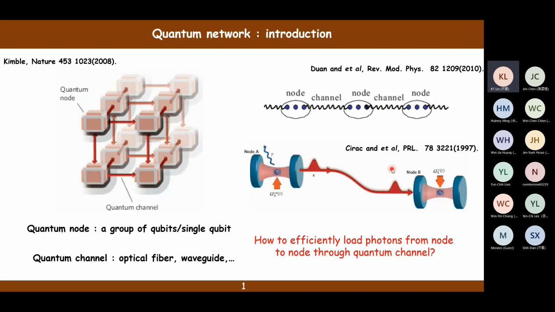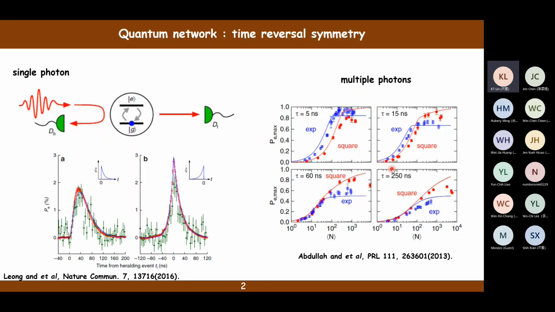Okay. And there are some groups that are trying to answer this kind of question. For example, some groups are trying to use the time reverse photon, or time reverse symmetry, to study this kind of question. For example, there is a group that is trying to use the single time reverse photon interacting with the 2-level atom here, and they study the corresponding loading efficiency. And also, there's a group that proposes using multiple photons to increase the loading efficiency.